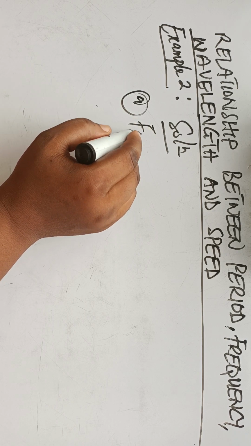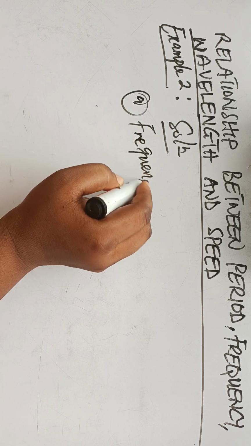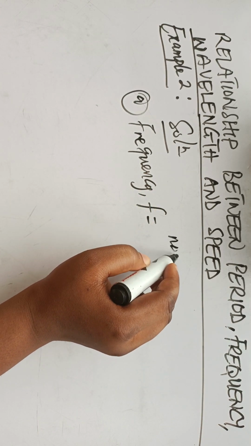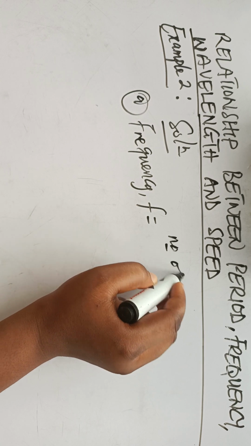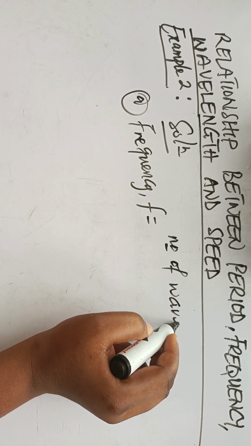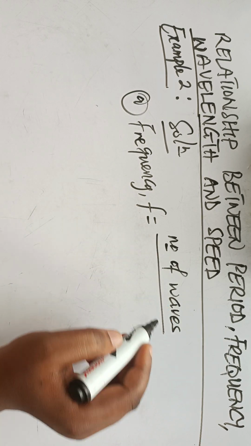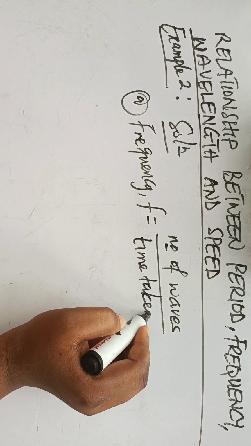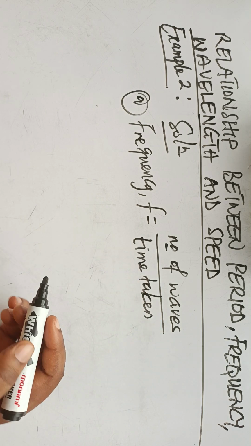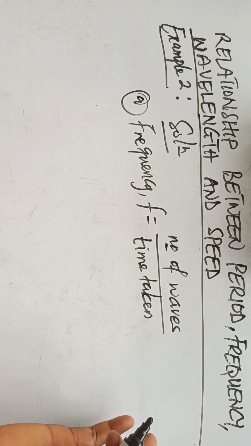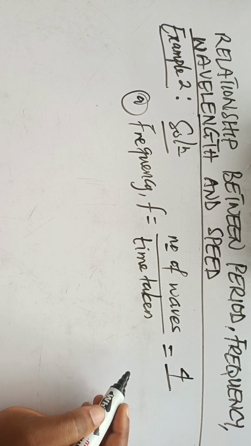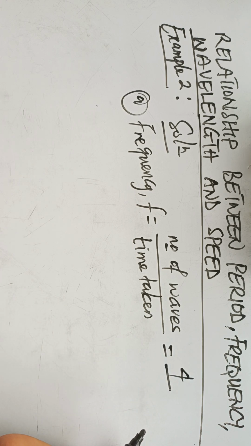Where we are asked in A to find the frequency, f becomes equal to the number of waves divided by the time taken. The number of waves is the number of crests, which were 4, and the time was 1 second.